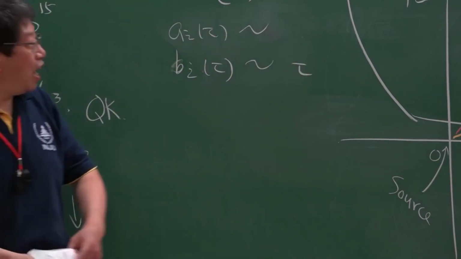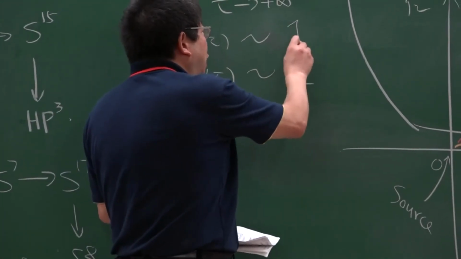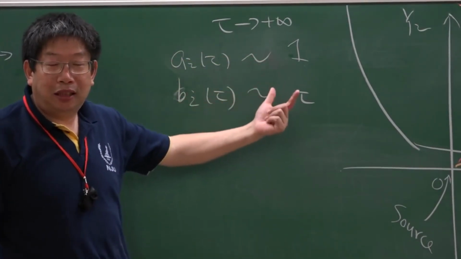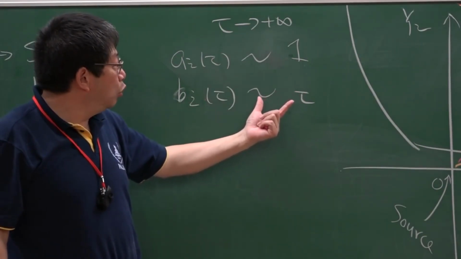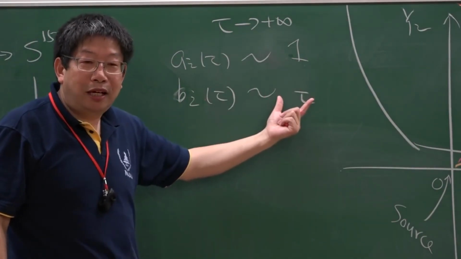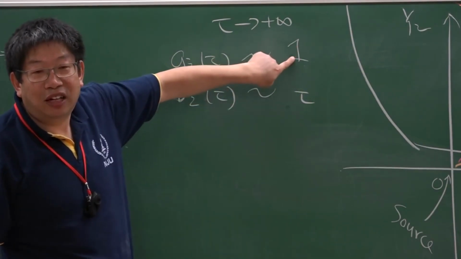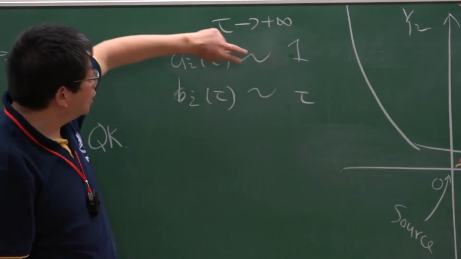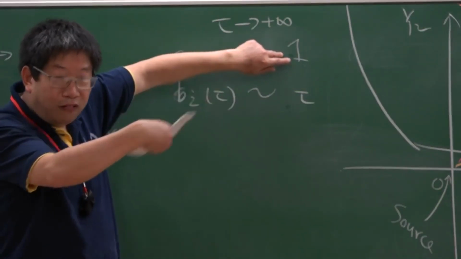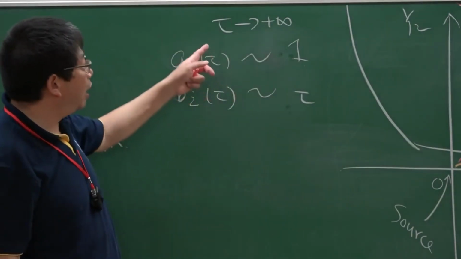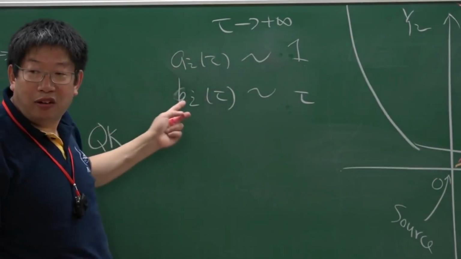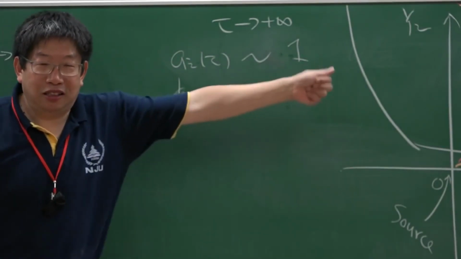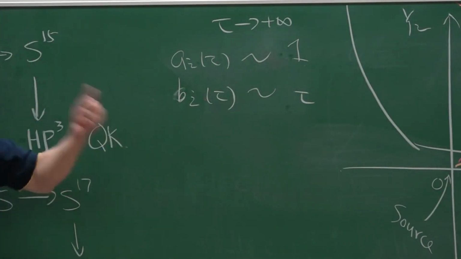If you have a 1 tau, then if you need to rescale it, this factor survives, this factor is killed, so the metric will give you this low dimensional object because all the fiber directions get killed. So you can actually get an asymptotic behavior of these functions. That's something you can play with the ODE to figure out.